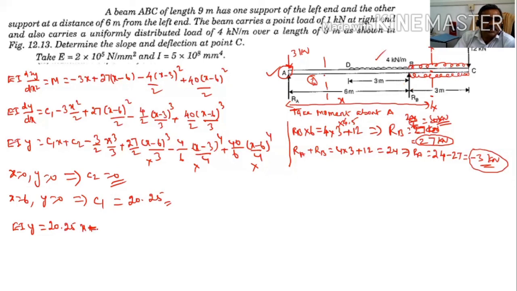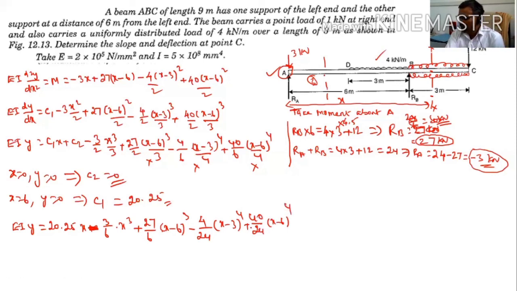So minus 3 by 6 into x cube plus 27 by 6 into x minus 6 the whole cube minus 4 by 24 x minus 3 the power 4 plus 40 by 24 x minus 6 the power 4.